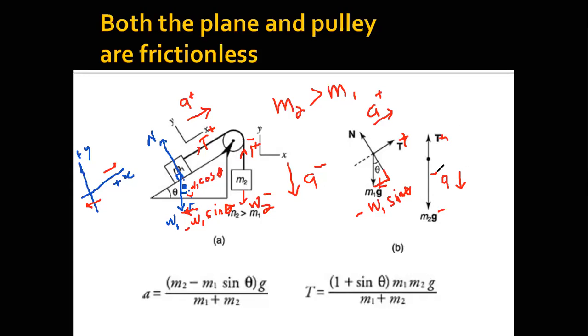Let's take the first equation on the right side. That will be tension minus M2G equals negative M2A.